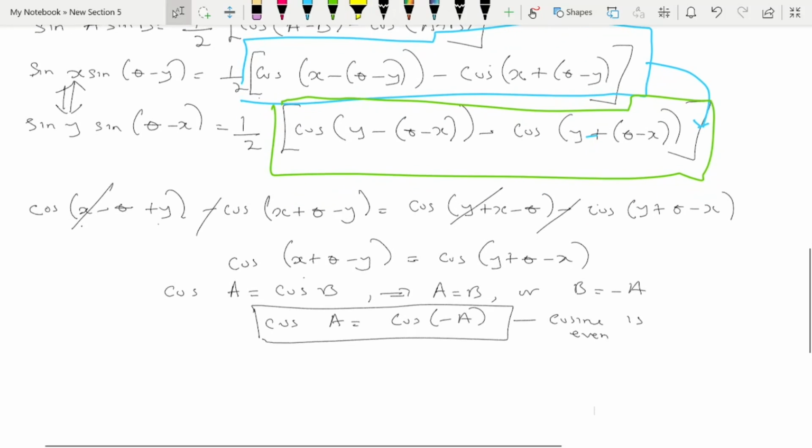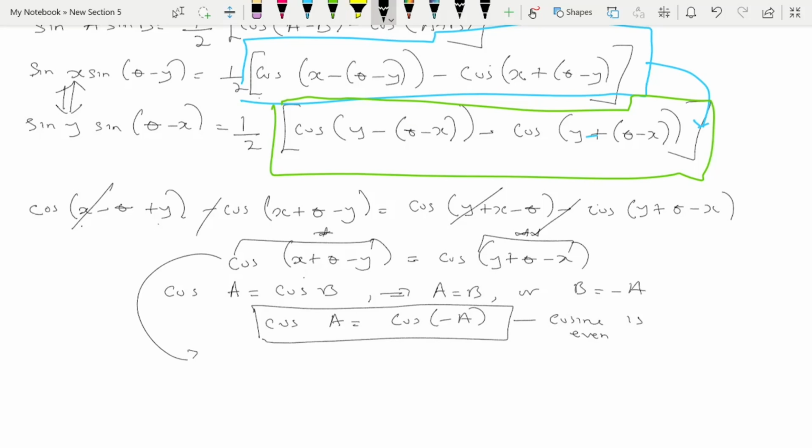So if I use this, since cos of this is equal to cos of this, let's call these star and star star, it means that either x plus theta minus y is equal to y plus theta minus x, or x plus theta minus y is equal to minus of y plus theta minus x.